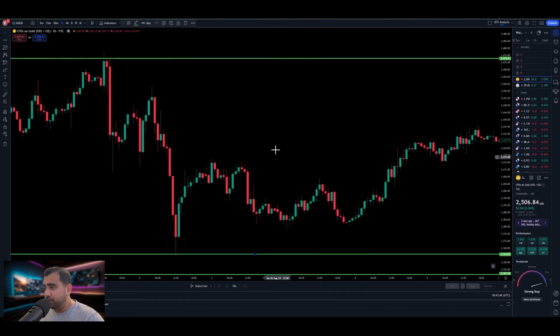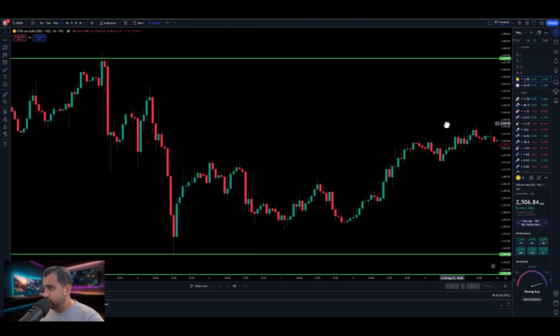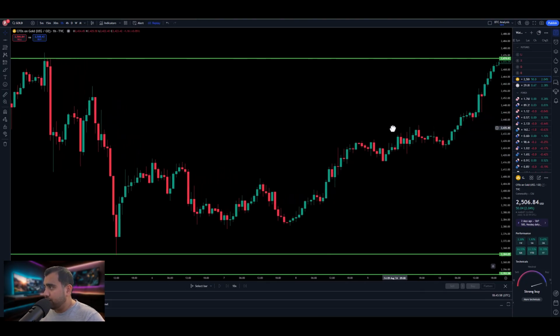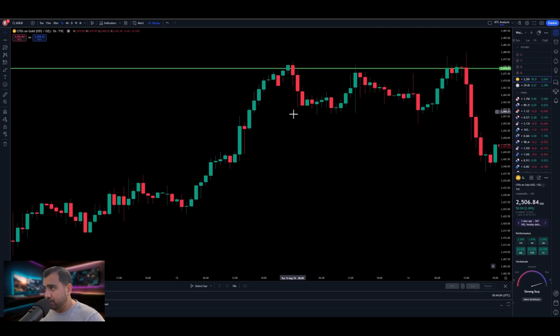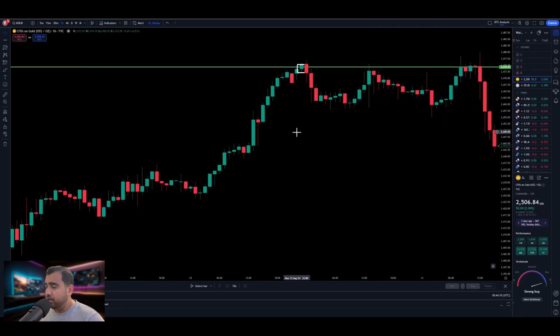Now look for the price to touch these key levels or come near them and create the engulfing pattern we have discussed. So now I'm just waiting, and you can see here the price touched this level and created an engulfing pattern. You can see the red candle body is covering the green candle body, which is okay, so rule number one is valid.